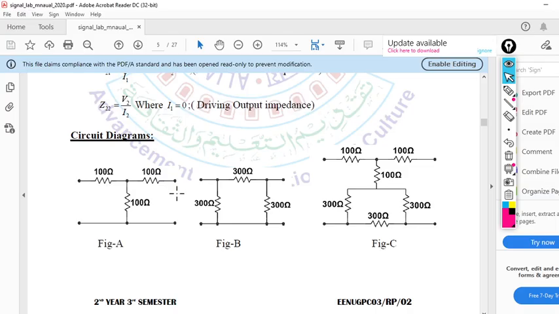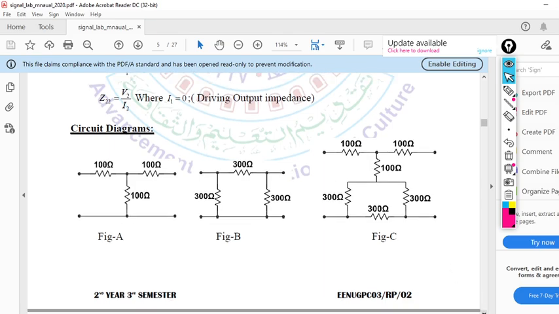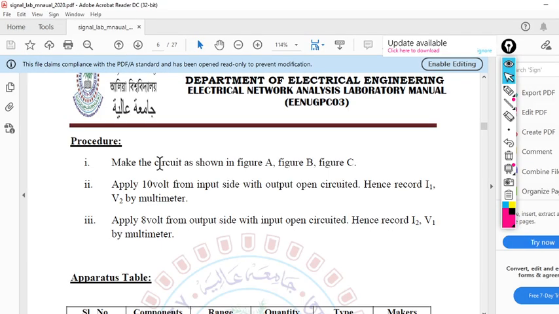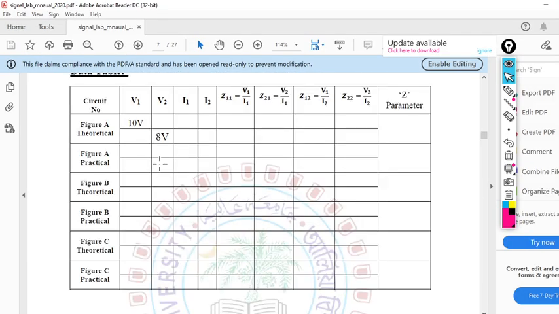Now what will you do? Whenever you do this problem, first take this circuit, okay, figure it, and take 3 A4 sheets. First make this circuit. The first table is this table.